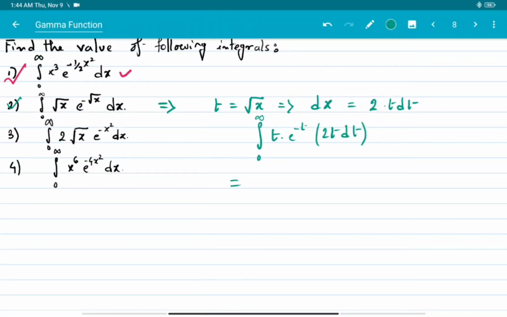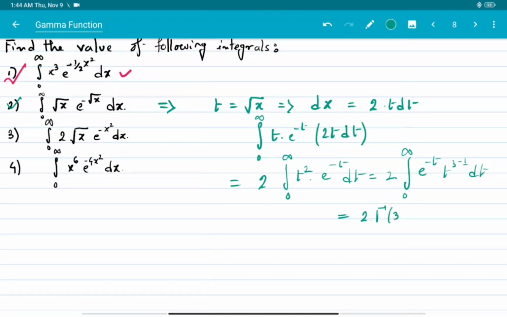As 2 is a constant, we'll keep it outside of the integral, so 2 times the integral from 0 to infinity of t squared times e to the power minus t dt. That is 2 times the integral of e to the power minus t and t to the power 3 minus 1 dt, which could be written as 2 times gamma 3, which is nothing but 4.